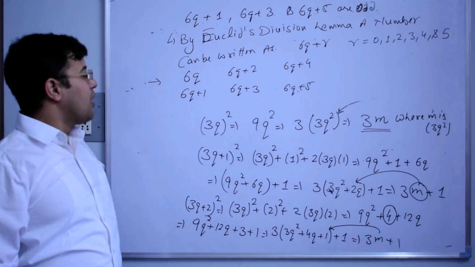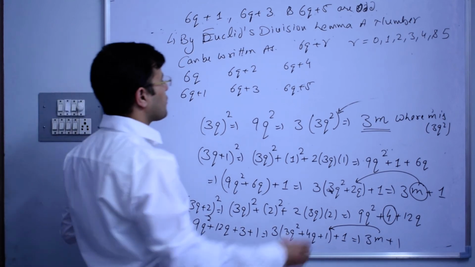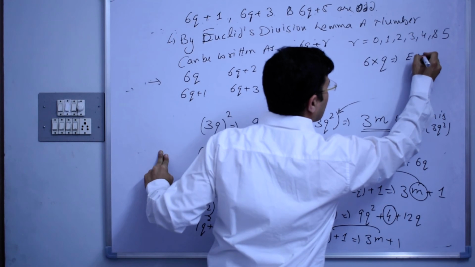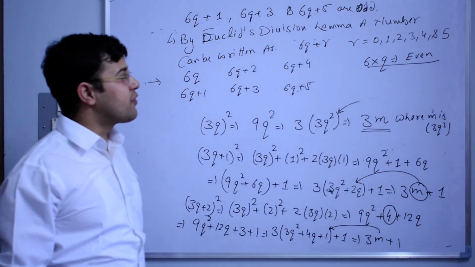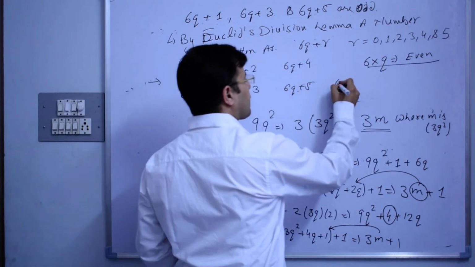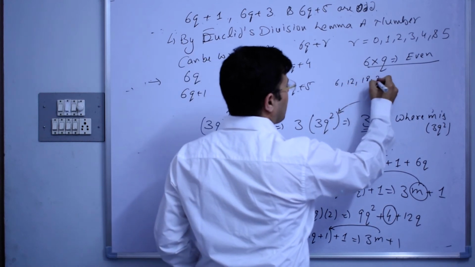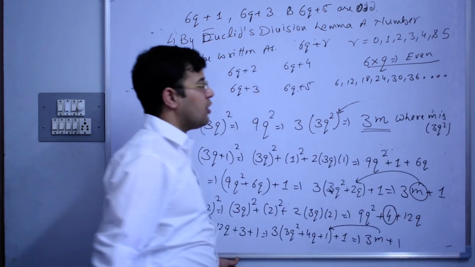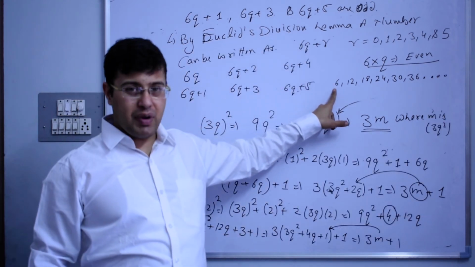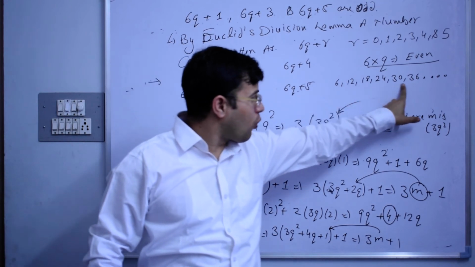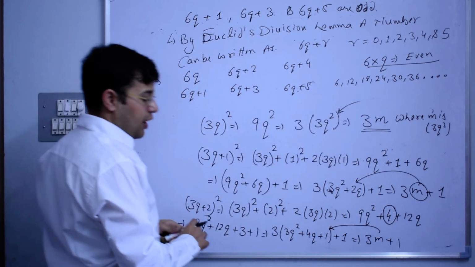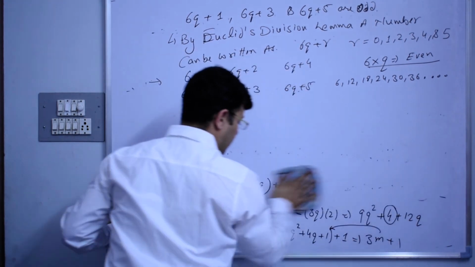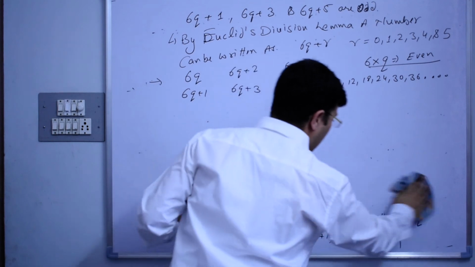Right. Now, if you look very closely, 6 into any number will be an even number. Because if we write down the table of 6, it will be 6, 12, 18, 24, 30, 36 and so on. So whatever the number you are multiplying 6 with, the result is always even. So we can write that 6q is always even, no matter what the value of q is.